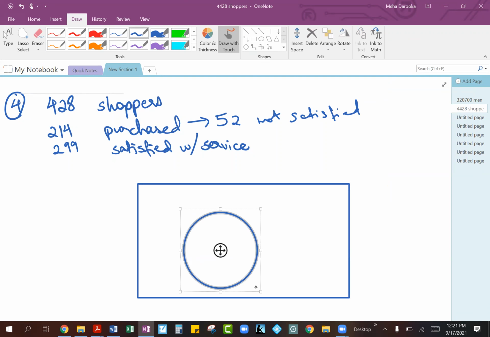Yeah, I guess that makes sense. Okay, so then in that case, what do you think the second circle should be? Purchase. Yeah, so the two categories they're specifically highlighting for us have to do with shoppers who made a purchase and shoppers who were satisfied, and then they just had different combinations of those two groups, right? So those are actually your two main circles.